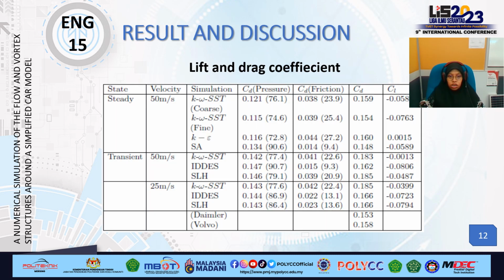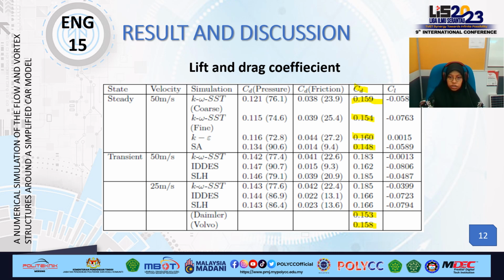Here is the result for lift and drag coefficient. You see the CD here, and this is the experimental result. For steady state, we see the k-omega SST gives the best result near the experimental result, and k-epsilon is too high and Spalart-Allmaras is too low.